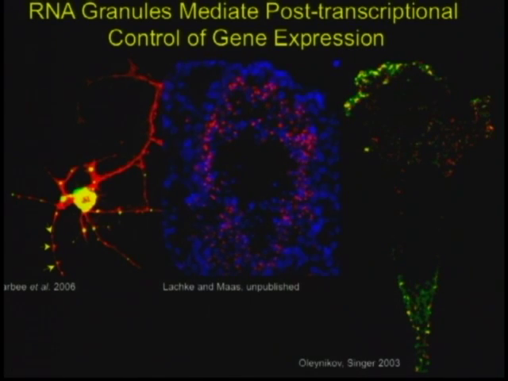As we understand more about it, I think we will be able to define them much better. But in the neurons, they are called neuronal granules. In these differentiating sperm, they are called chromatoid bodies, and in these migrating fibroblasts, they are called transport granules, which physically transport mRNA from the nucleus onto the leading edge of the fiber cell.